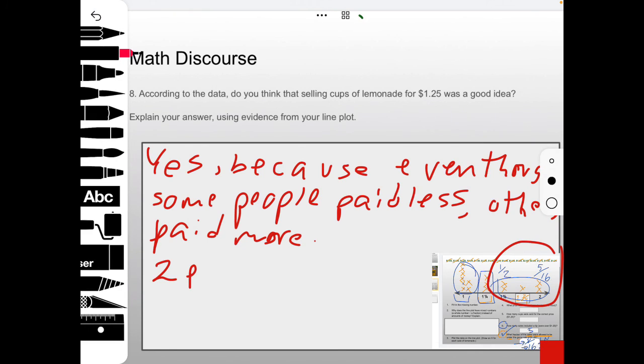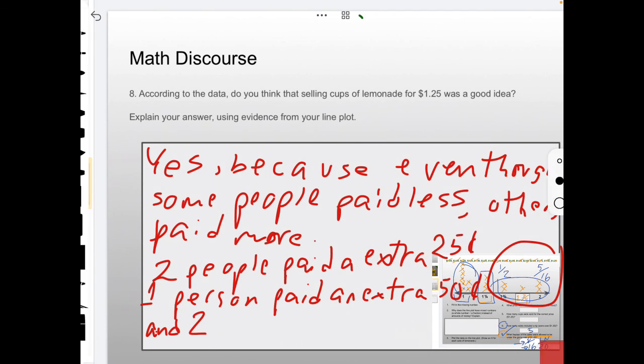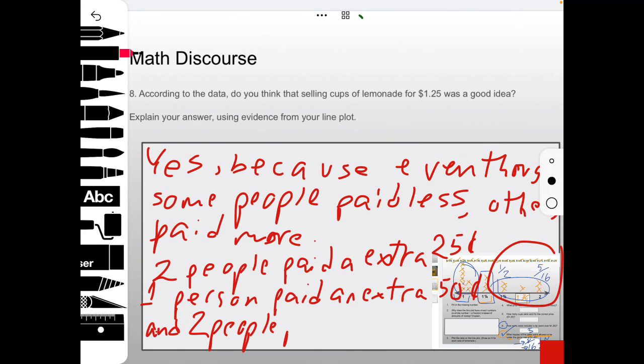So 2 people paid an extra 25 cents. 1 person paid an extra 50 cents, and 2 people paid 75 cents extra.